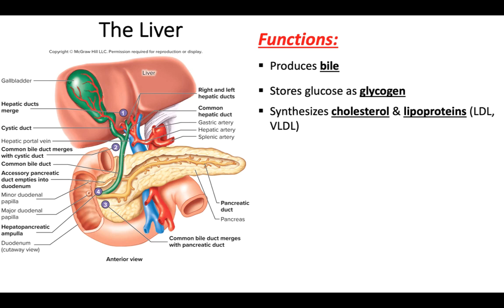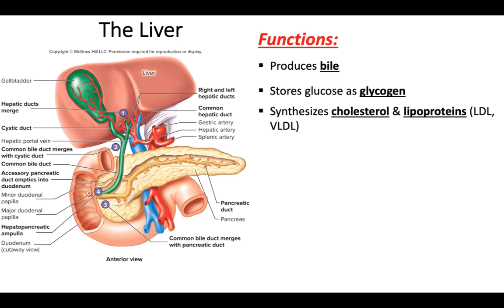So your liver produces cholesterol for you, so you don't really need cholesterol in your diet. Your liver will make it. It also will make triglycerides and send them out for storage. Now, we're going to talk about these lipoproteins a little later, but lipids are transported in your blood by way of lipoproteins.